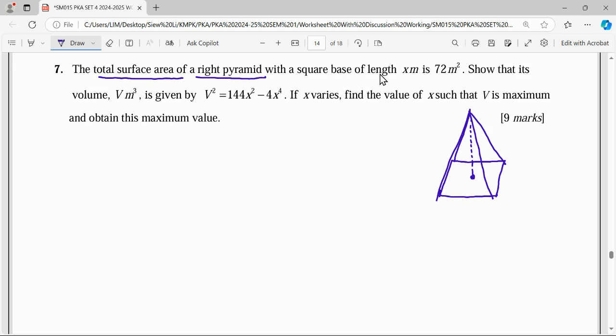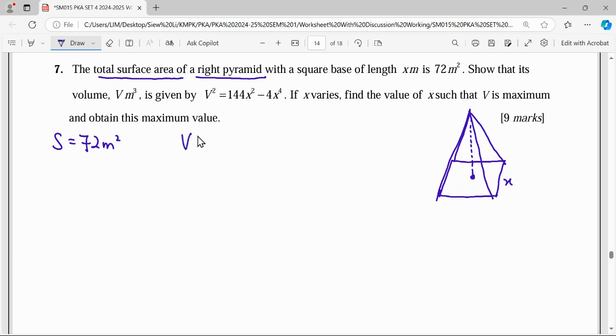Square base length is x. So total surface area is 72 meters square. This is fixed. Alright. Show that the volume squared is equal to 144x squared minus 4x to the power of 4.